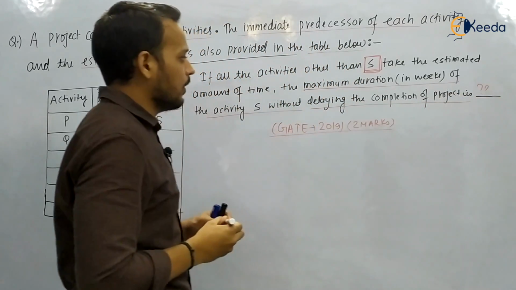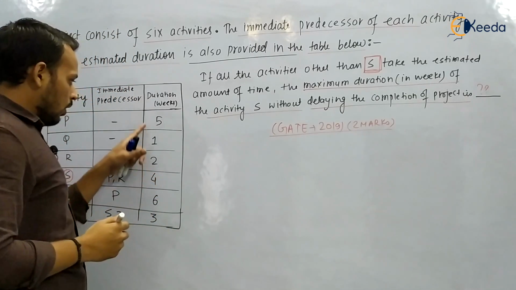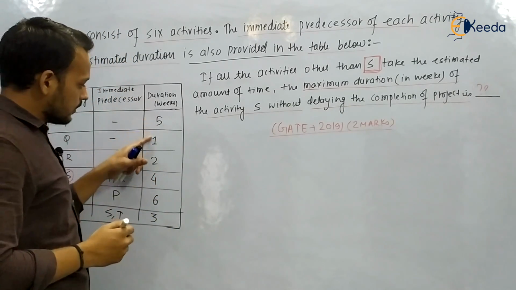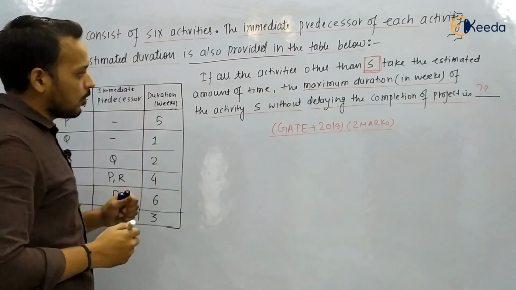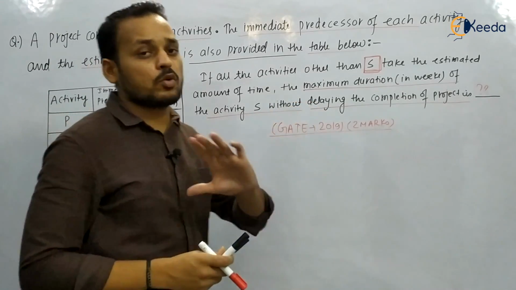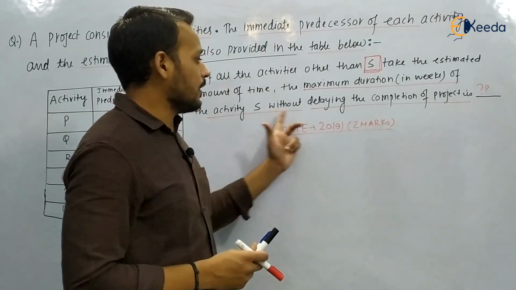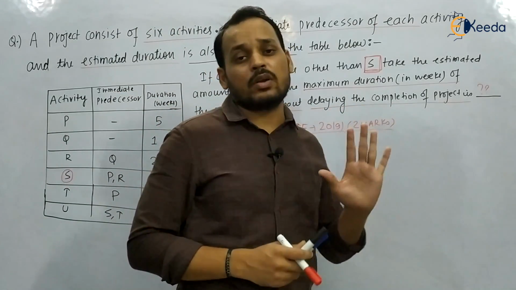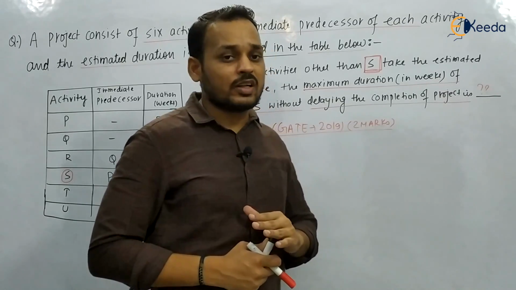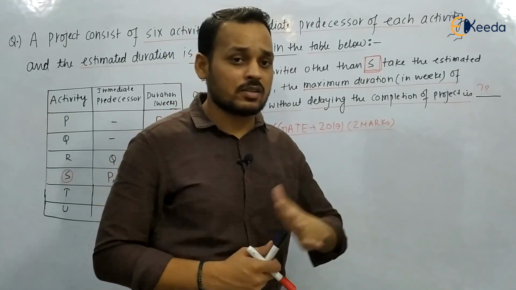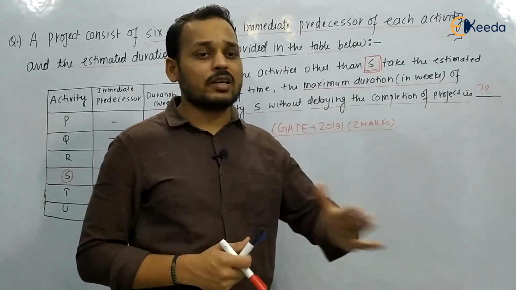So it is asking what should be the maximum duration of S in such a way that the project completion time is not affected. It means we have to delay the activity S.